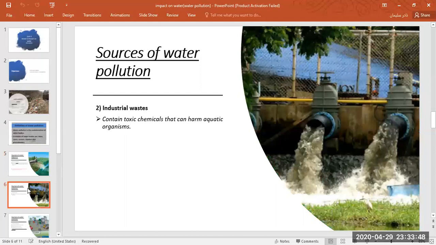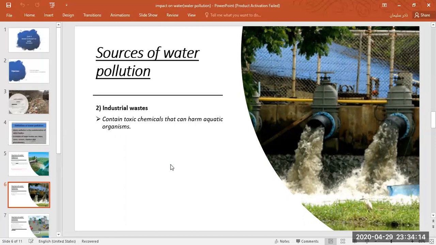Okay, the second cause is industrial wastes. Industrial wastes are sources of water pollution. Factories get rid of their industrial wastes at the sea, in the rivers, in the lakes.